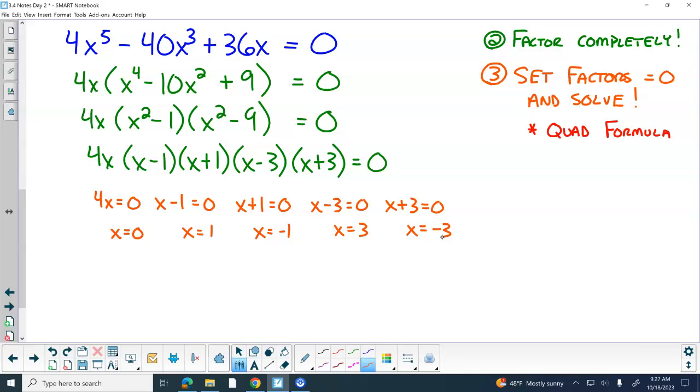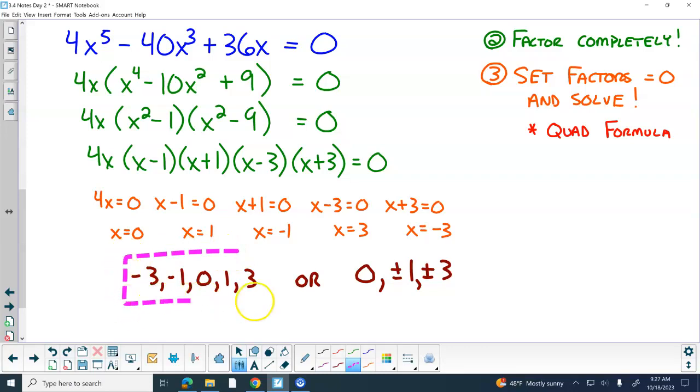So if you choose to list them all out, or if you choose to use the plus minuses, either way, you still get all 5 answers.